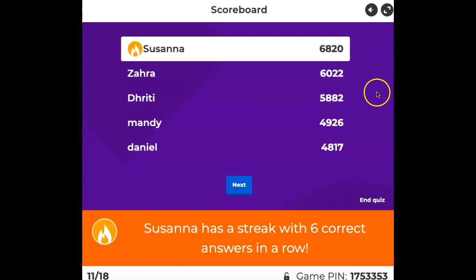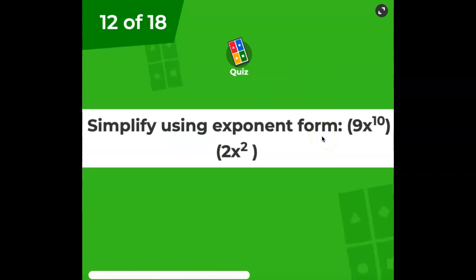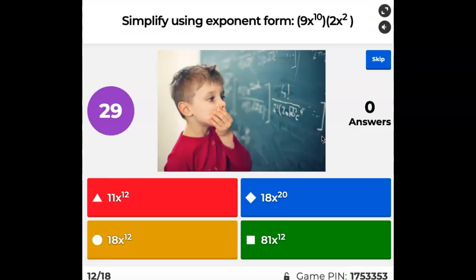So Susanna is up there. Question number 12. This is multiplication again. So 9x to the power of 10 times 2x to the power of 2.